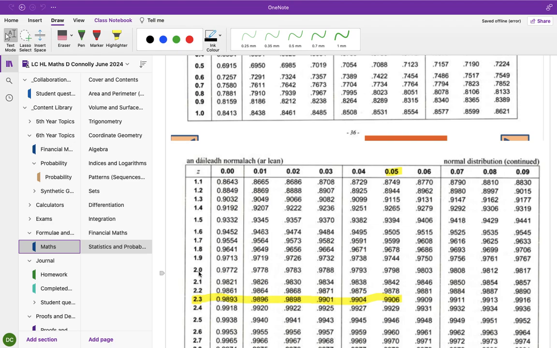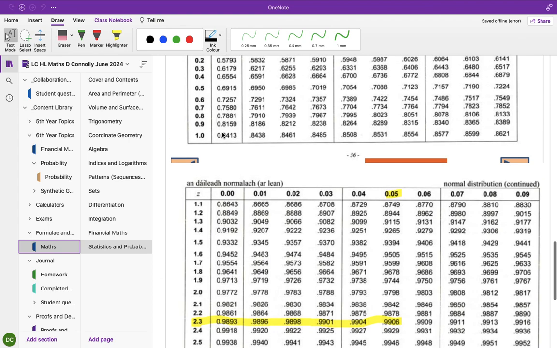So 2 is here, 0.9772. And then 1 is up here, 0.8413.